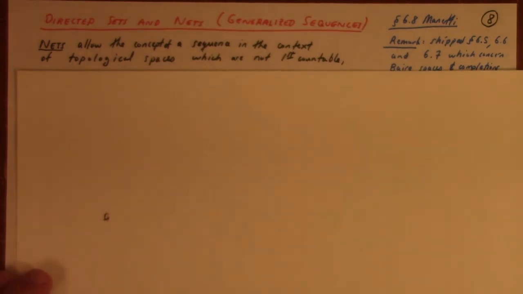Sometimes sequential limits are insufficient to capture the data you're interested in. So what's beyond a sequence? Well, there are really two directions you can go: you can talk about nets, or you could talk about filters, or perhaps ultrafilters.